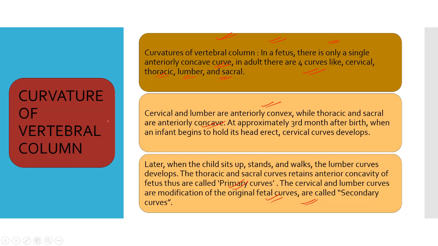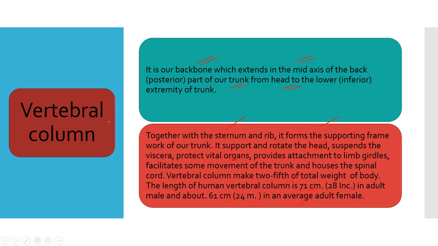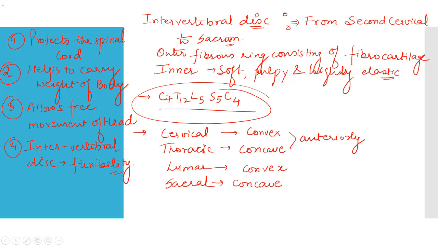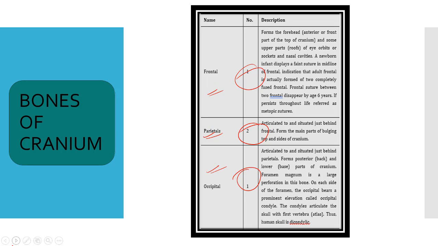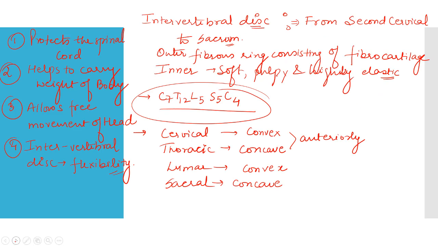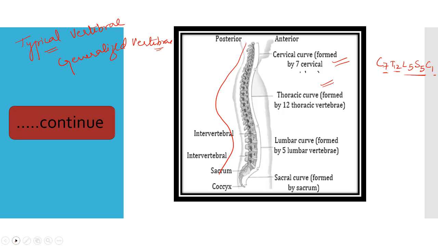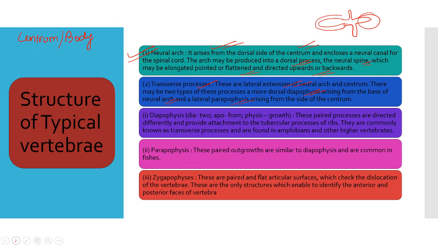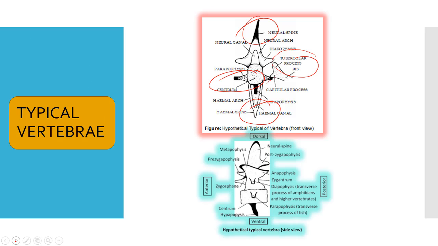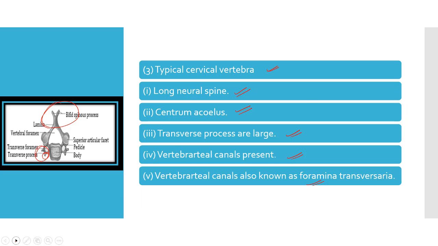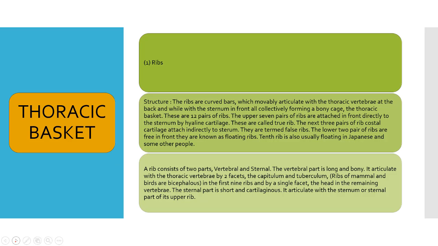I have already explained the different types of vertebrae, especially their anatomies. Now we will talk about the thoracic basket, that is ribs.